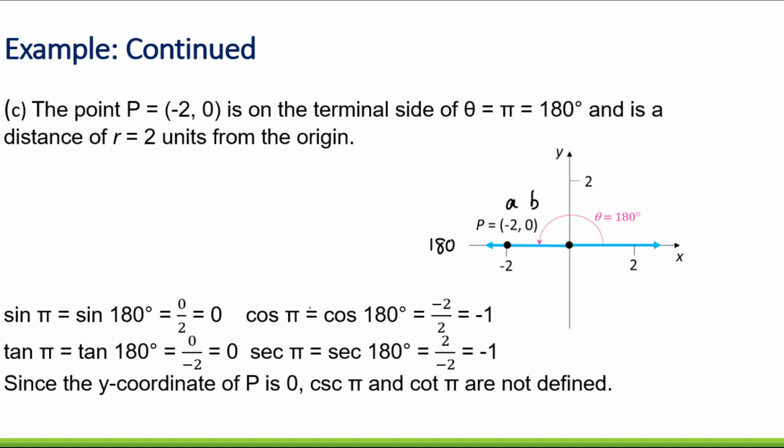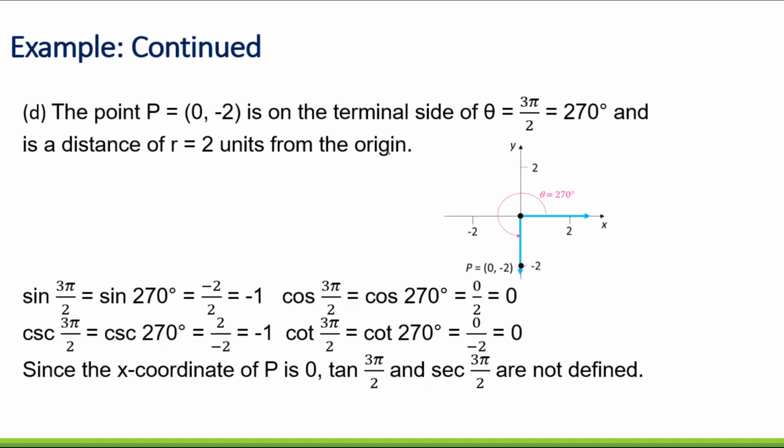Cosine is a over r, and that is -2 over 2, which is -1. Tangent of pi, or 180, is 0 divided by -2, which is 0. And the secant, which is r over a, that's 2 over -2, which is -1. Now, since the y-coordinate is 0, then the cosecant and cotangent of pi, or 180, are not defined.